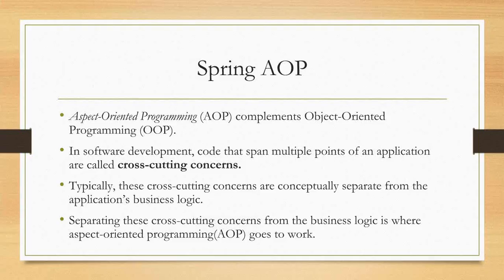Redundant code, and it is also difficult to maintain. So this is where AOP comes into the picture. It helps us separate this cross-cutting concern code from the rest of the application.